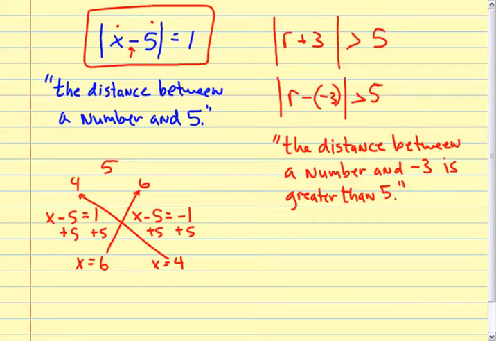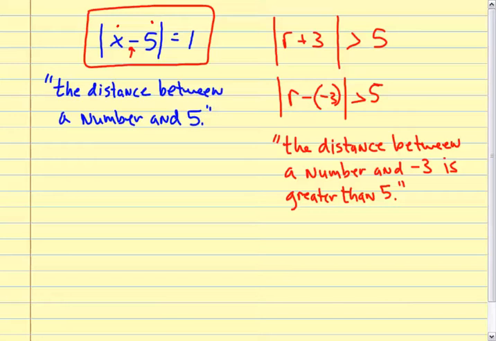This shows me the numbers that are 1 away from 5. Good. Now keep that in mind: whenever we have a subtraction problem inside of an absolute value, it's saying the distance between a number and the one they give us. Now think about this one.